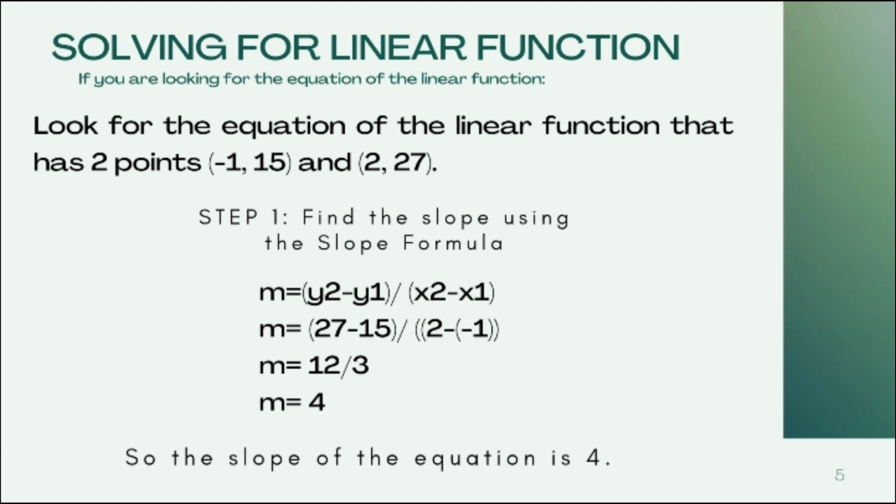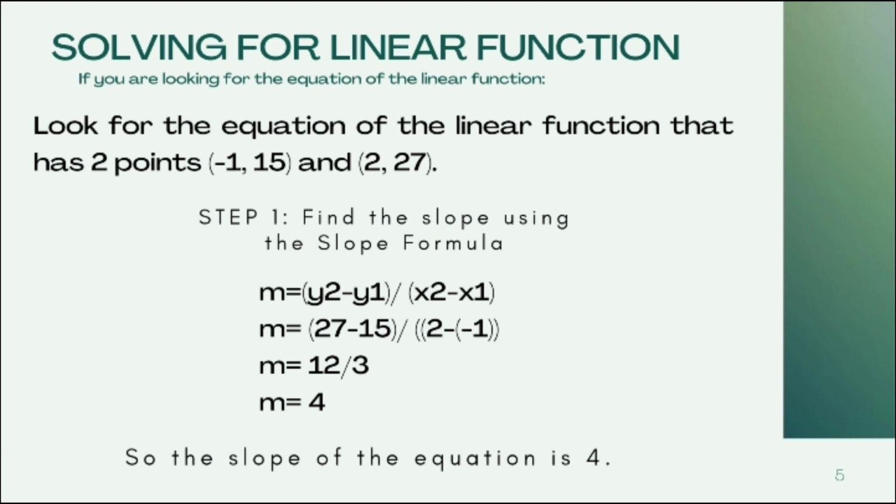M equals y sub 2 minus y sub 1 over x sub 2 minus x sub 1. We will substitute the given values. M equals 27 minus 15 over 2 minus negative 1. Simplify the equation. M equals 12 over 3. M equals 4. Therefore, 4 is the slope.